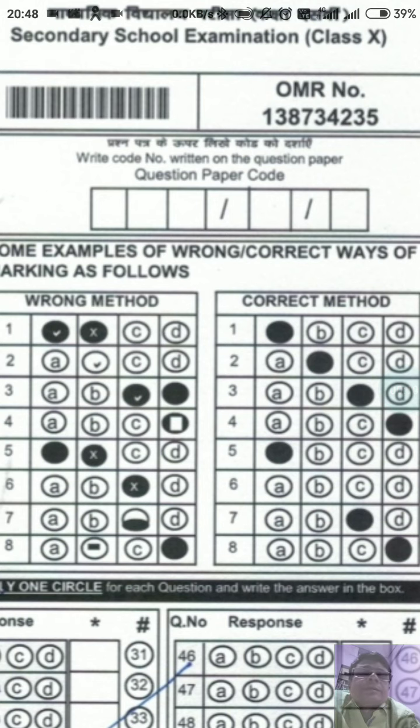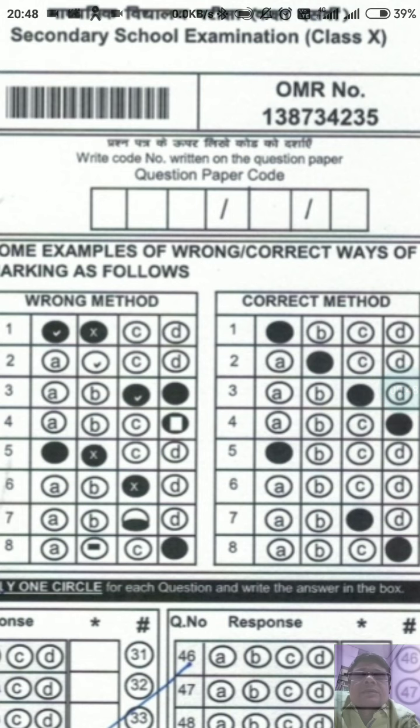Of class 10th and 12th for the session 2021-22. In this session, my dear students, you have to appear for the examination in two terms, 50% for term 1 and 50% for term 2.